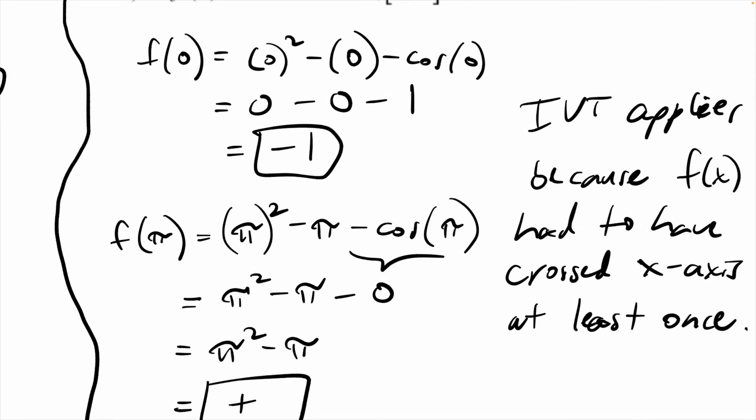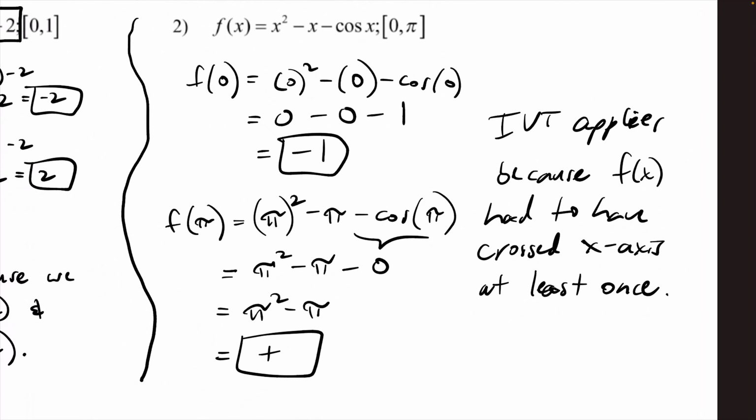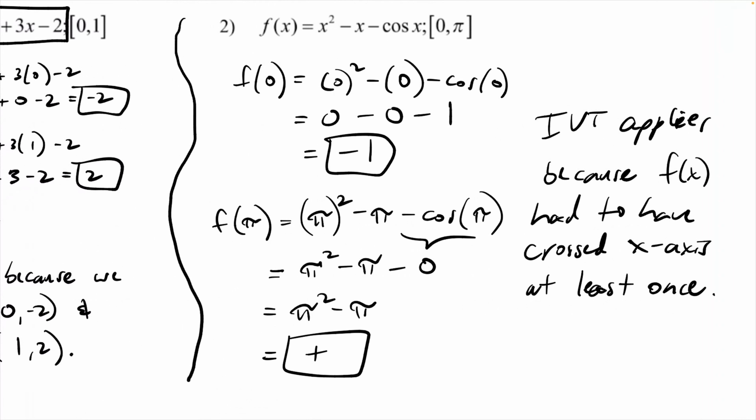IVT applies because f of x had to have crossed the x-axis at least once. I didn't put the actual coordinates because I don't know what the second one is.